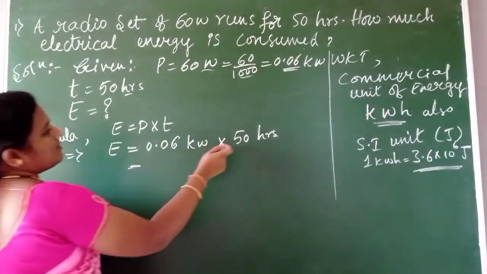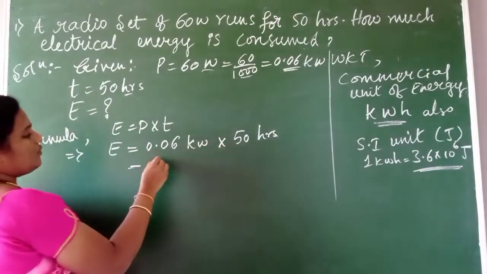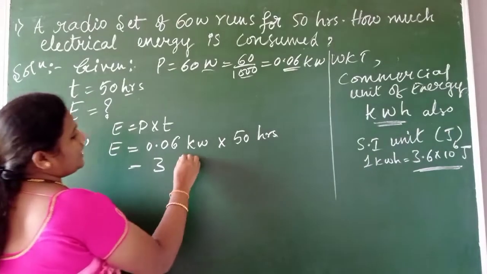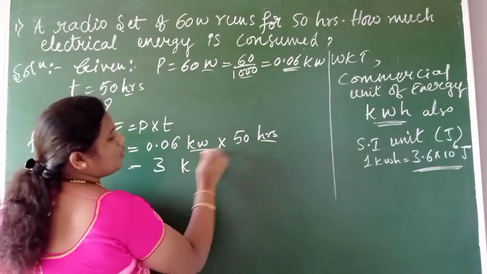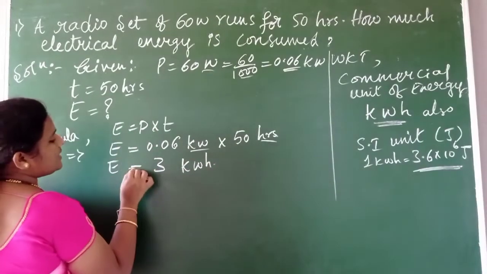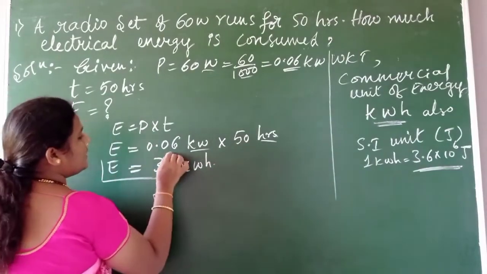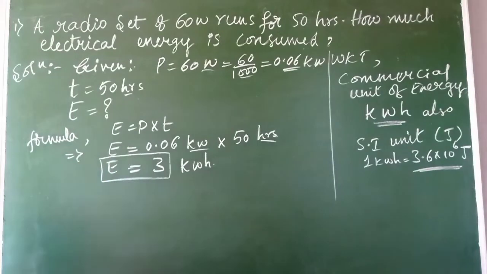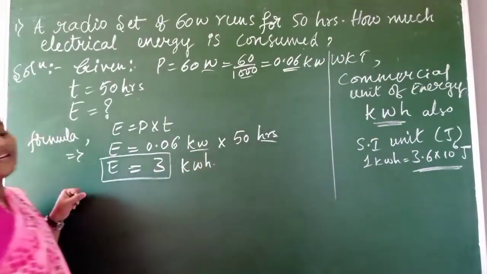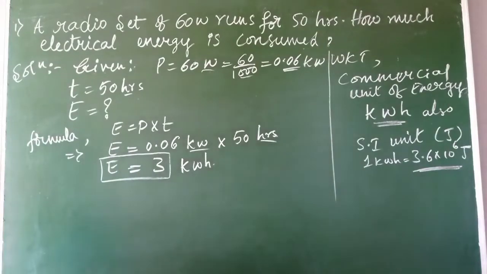So we get 3.0, or you can write 3 kilowatt. Kilowatt into hours multiplied means kilowatt hour. This is the commercial unit of energy, isn't it? 3 kilowatt hour is the electrical consumption in terms of the commercial unit.